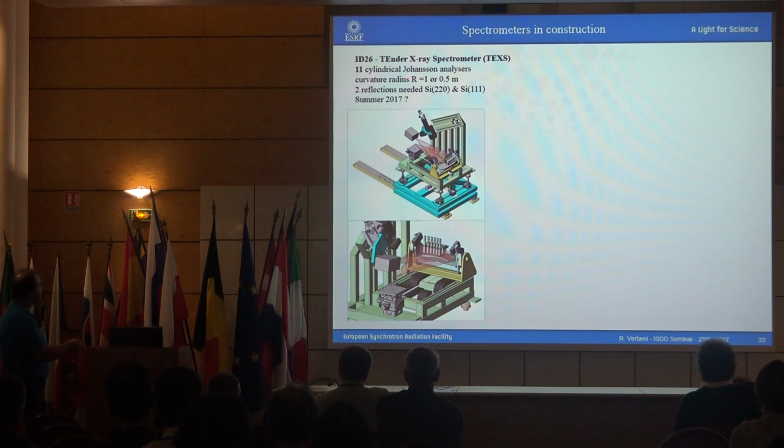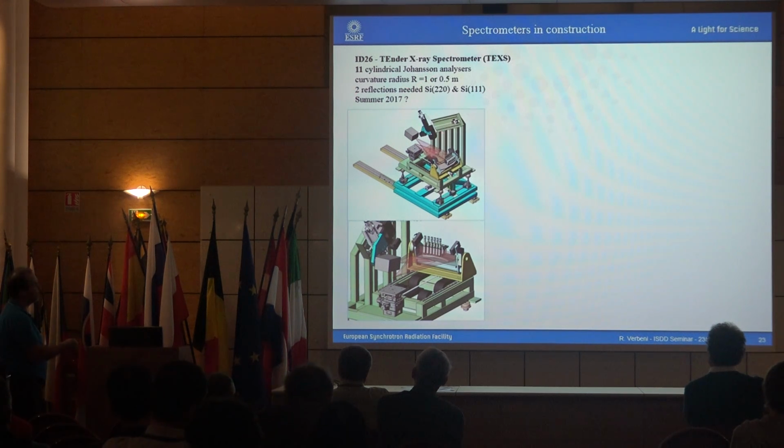The curvature radius can be 1 or 0.5 meters, and they need 2 reflections, the 220 and 111. So this ends up as 11 times 4 analyzers. I think I have to prepare the first series of 111 analyzers, 1 meter curvature radius, for the summer of 2017. We will do the first test.